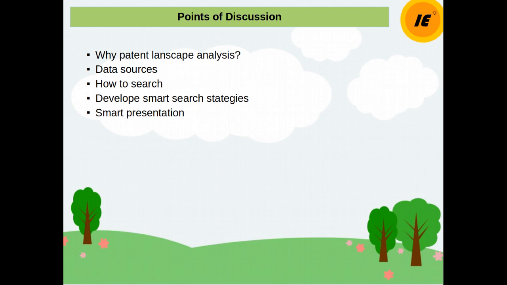How can you make a smart database so that you can assess, analyze and categorize those patents into different divisions? Like some patents may be related to industrial processes and so on. That part is very important, so we'll discuss these topics.